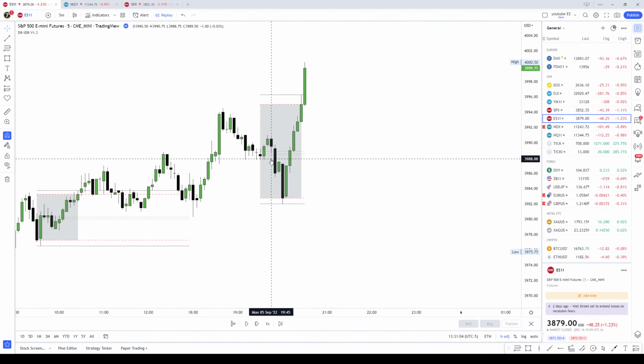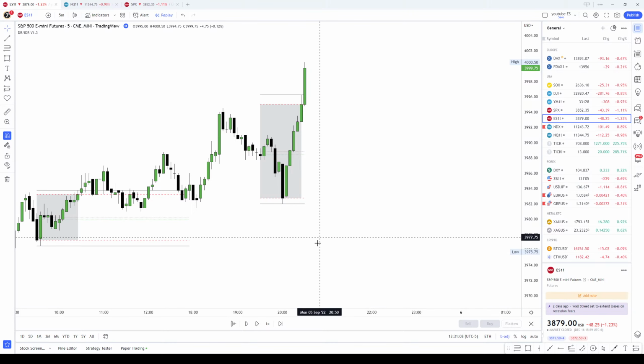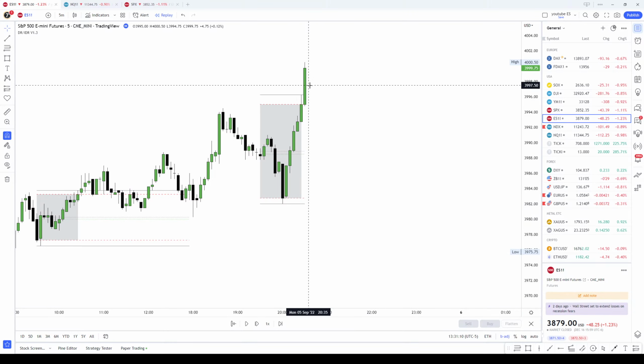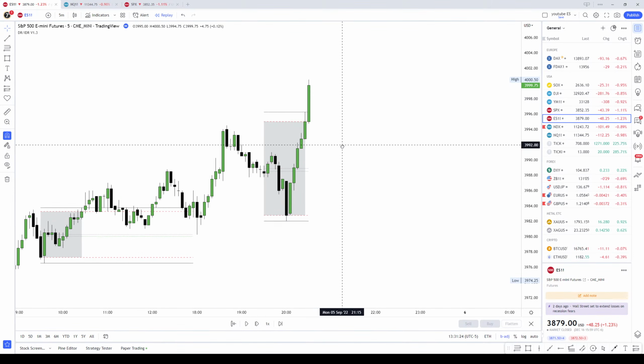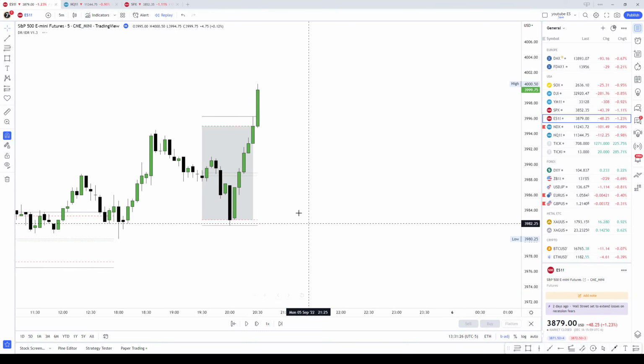The IDR is already formed. So that means we are getting a confirmation right here with the next candle. That's the 8:30 candle. Based on this one, we are now looking for an entry into the long direction, right? So we don't want to have shorts in here.